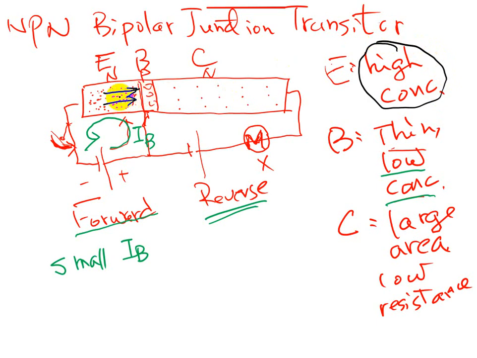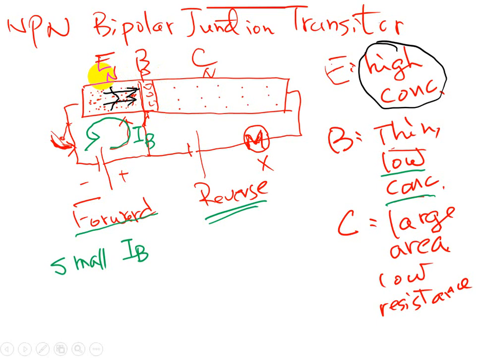So a lot of electrons diffuse to the right, toward the P-type area by diffusion, because there is a large concentration gradient, from the high concentration of electrons on the left to the very low concentration on the right.